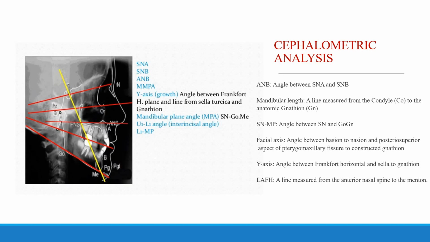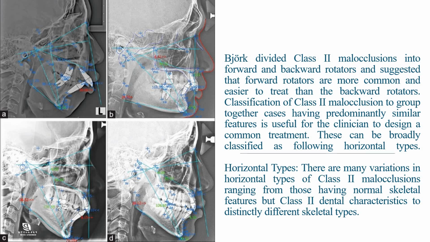And in order to plan an appropriate treatment, the clinician should localize and quantify any skeletal and dental contribution, sagittal and vertical variation, and the role of abnormal function and habits in the development of class 2 malocclusion. There are many different types of class 2 patients with significant variations in skeletal, dental, and soft tissue morphology.